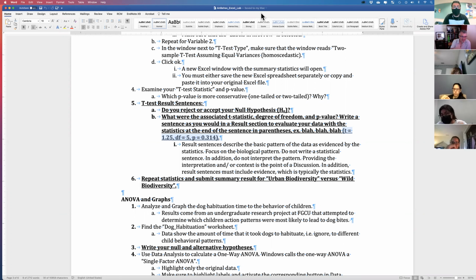That's our evidence. That's in the parentheses. Just describe it in a very clear and as simple as possible way. The biodiversity of transient insects was larger than the biodiversity of resident insects in sable palms. Does that make sense? You're going to be doing another one in urban and wild biodiversity.